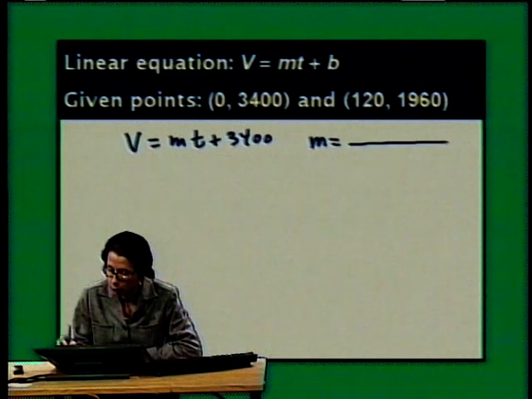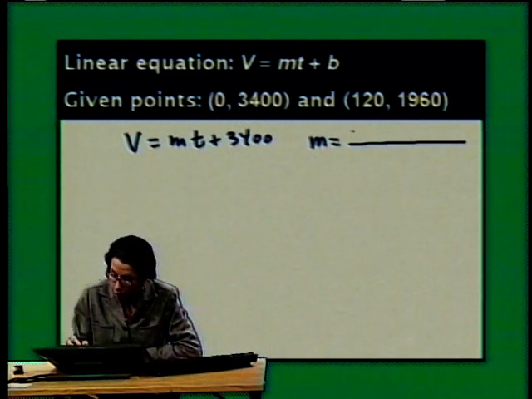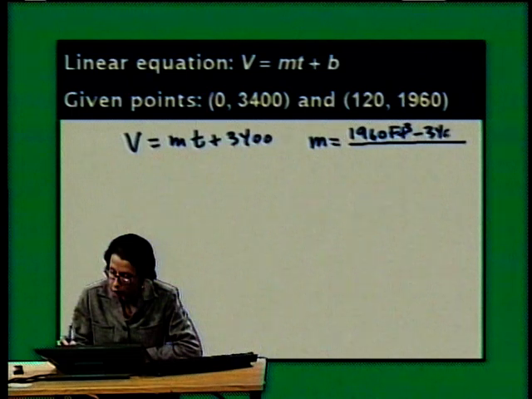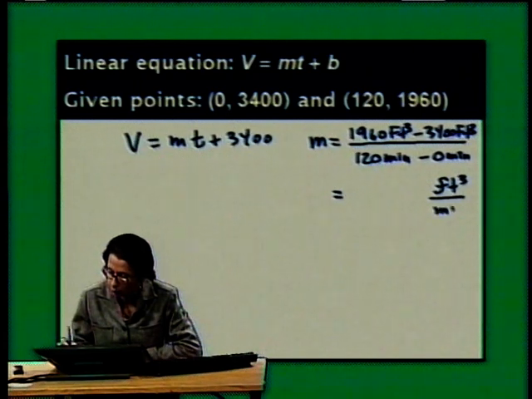So the slope is going to be the difference in the volume over the difference in time. So I have 1,960 cubic feet minus 3,400 cubic feet over 120 minutes minus 0 minutes. So the units of this slope are going to be cubic feet per minute.